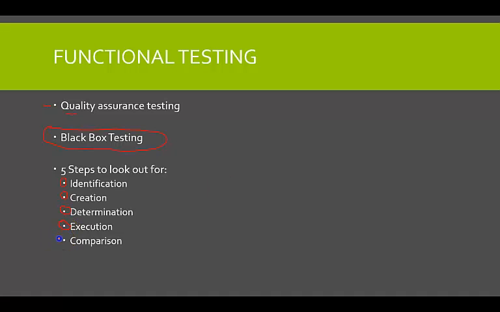The comparison is basically a reviewing stage where you would go, okay, these are the results of the testing. Now, let's go back a bit and just make sure that everyone understands this whole 5 steps. Identification, number 1. That is where we identify the actual function specification.